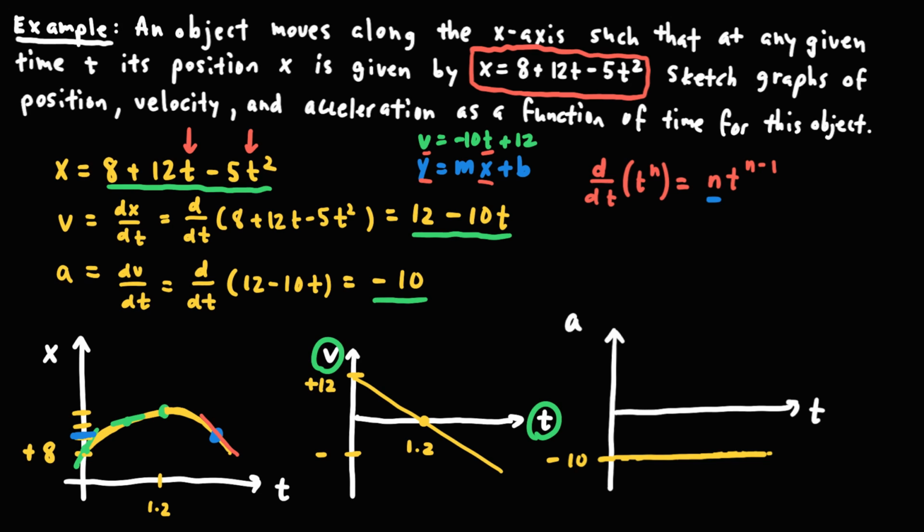And the acceleration did not depend on t, and we got a constant flat line for the acceleration versus time graph. Hopefully you can start to see the connections between position, velocity, and acceleration, figuring out how to use the derivatives to find those different functions, and then ultimately using those functions to sketch graphs of position, velocity, and acceleration.